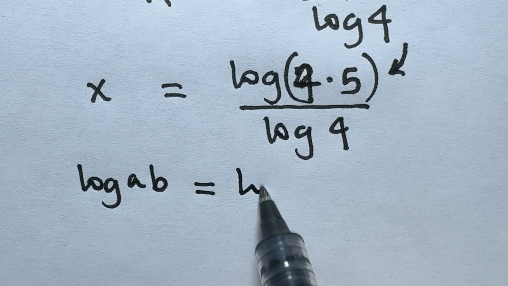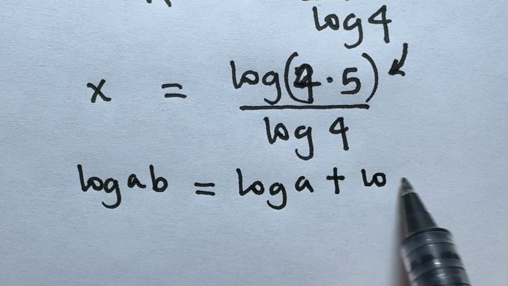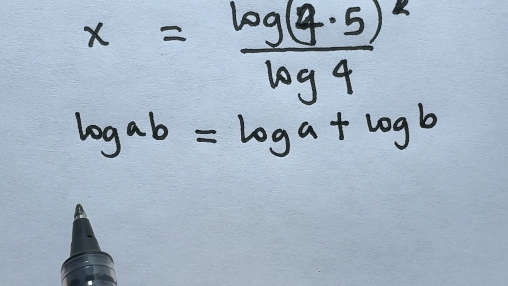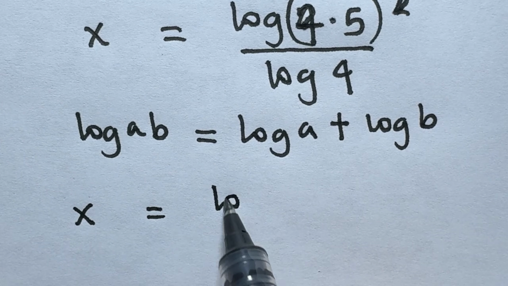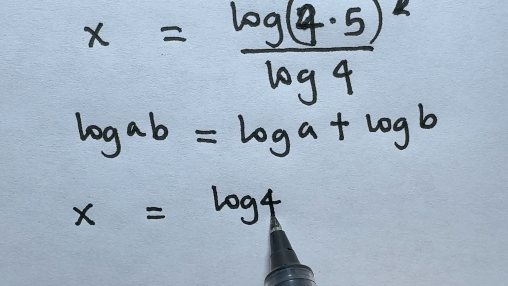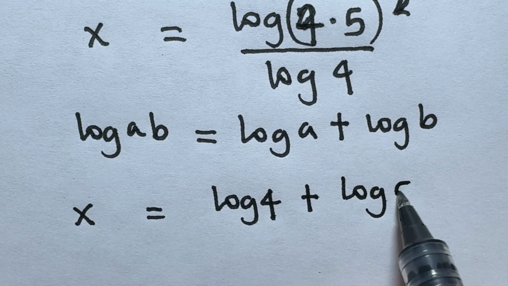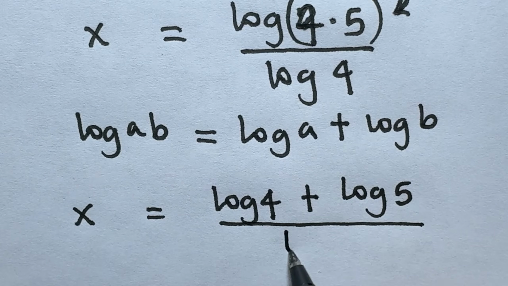This will give us log a plus log b by law of logarithm, so that our equation now becomes x is equal to log 4 plus log 5, then both divided by log 4.